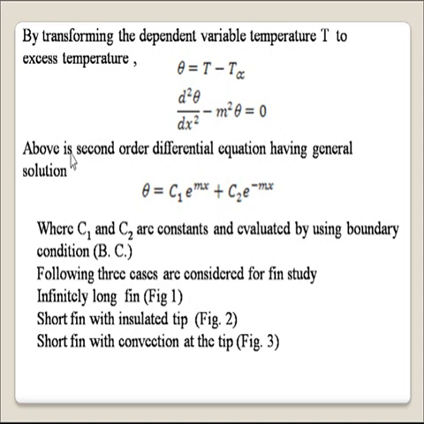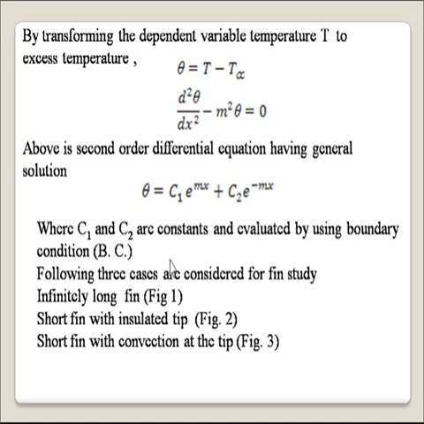The above equation is a second order differential equation having the general solution theta equal to c1 e raised to mx plus c2 e raised to minus mx, where c1 and c2 are constants evaluated from boundary conditions, and m is equal to root of hp upon ka.